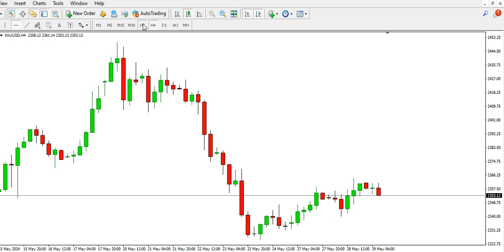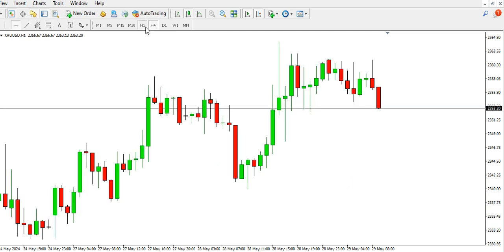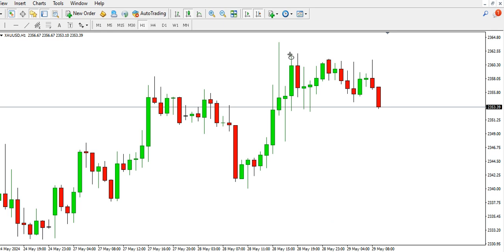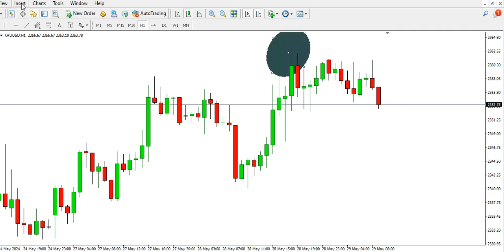What do we have? On the 1-hour time frame, we can see a triple top, like a head and shoulders. Let's say this is the first top. All right, this is our second top.